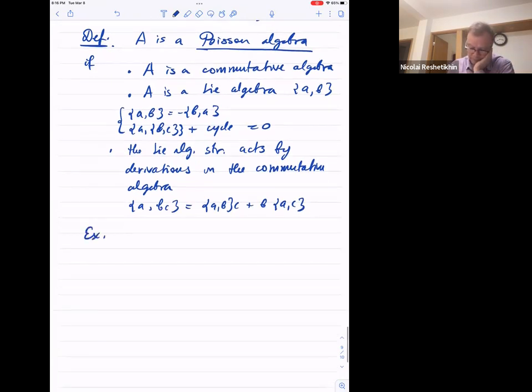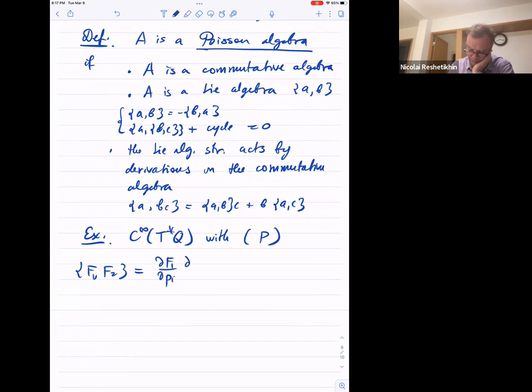And an example: let's take C infinity functions on the cotangent bundle with the bracket that I just wrote above. {f1, f2} equals df1/dp_i df2/dq_i minus df1/dq_i df2/dp_i. I think I forgot the sum, but I assume that there is a sum.